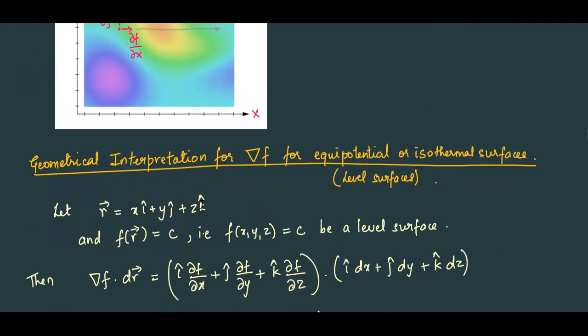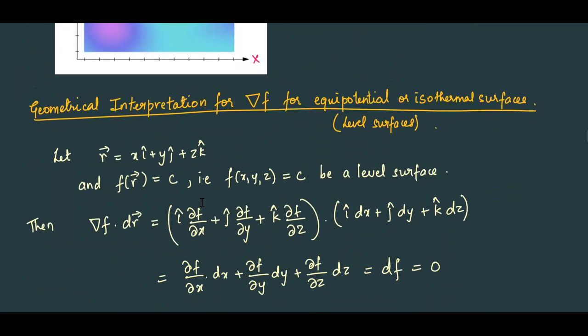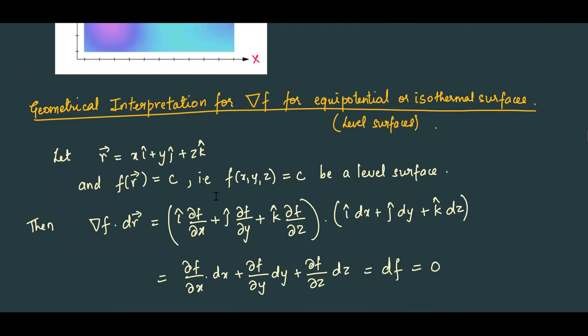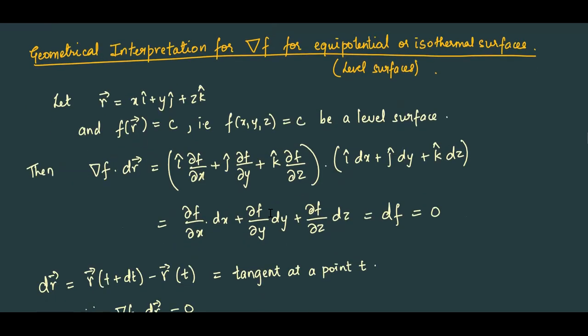Now, a very important notation, a very important geometrical representation. If the scalar point function represents an equipotential surface or isothermal surface, it represents some surface, f of x comma y comma z is equal to c. We call it a level surface. And what does grad f represent?